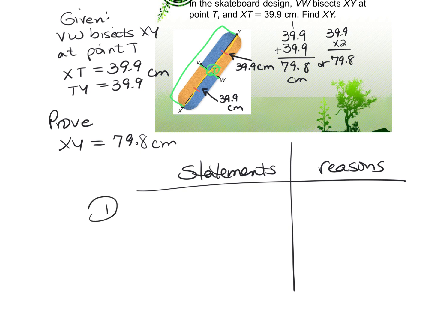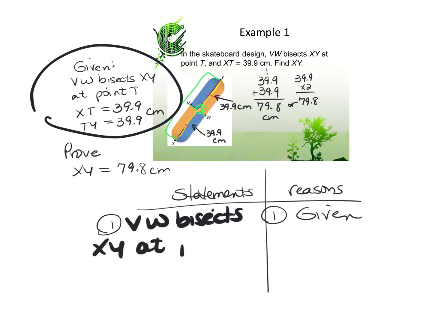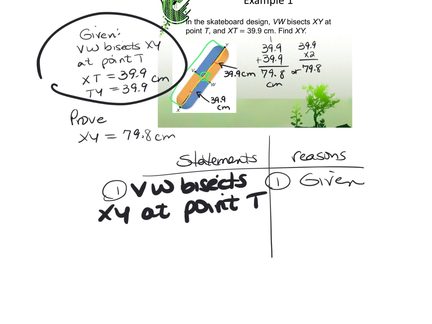So your first statement and your first reason, the reason is always given, and then you're going to restate what they have given you right here. So I'm going to put that VW bisects XY at point T. And I'm also going to state that XT, which equals TY, which equals 39.9.